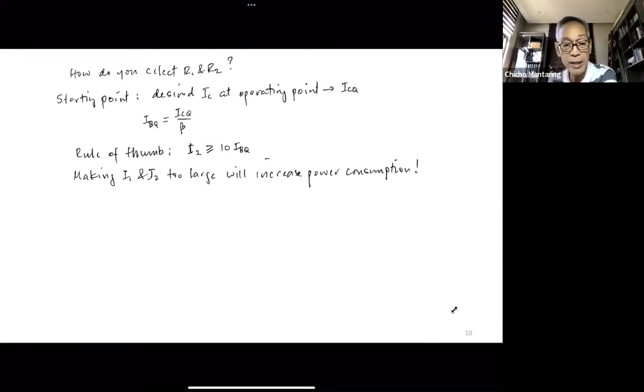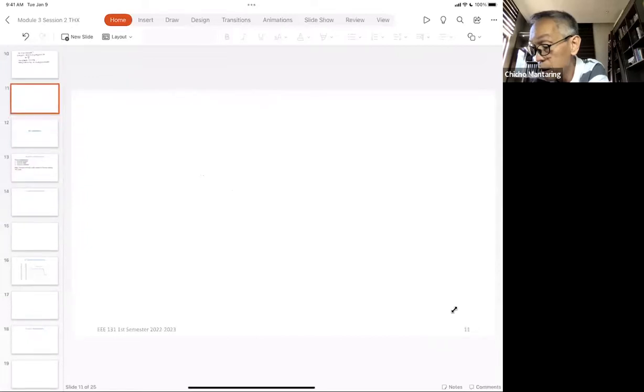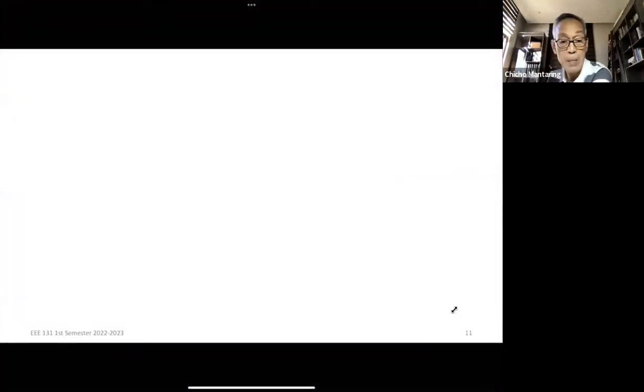Right before the class, I came up with an example. So let's just take an example. I need additional space. Okay, so let's say I have this amplifier.